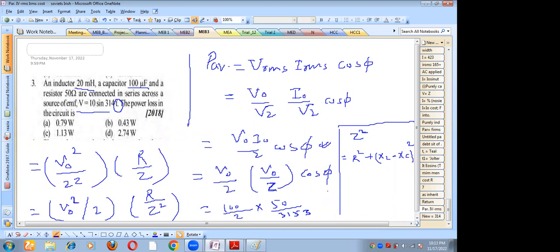So 0.79 something you will get. Yes, 0.79. So this is a little bit calculative question.